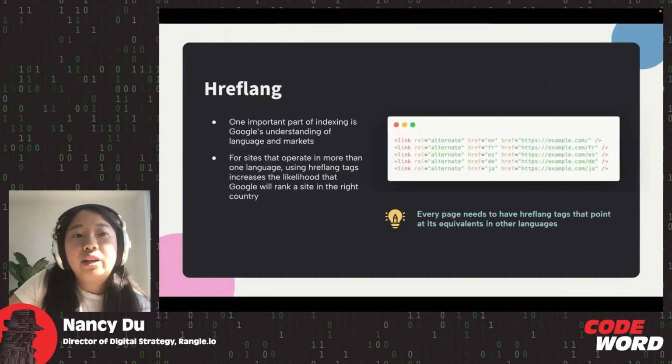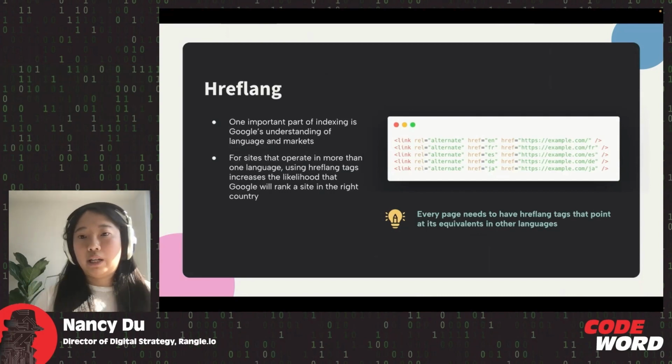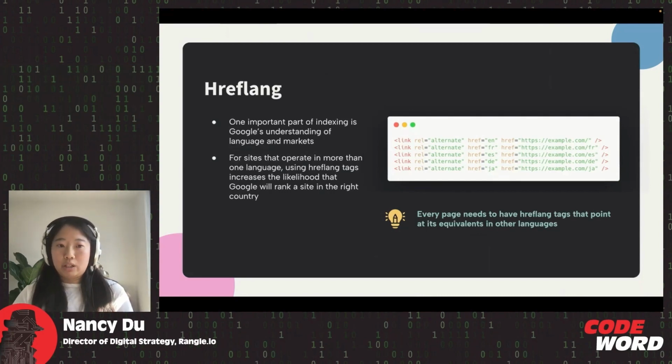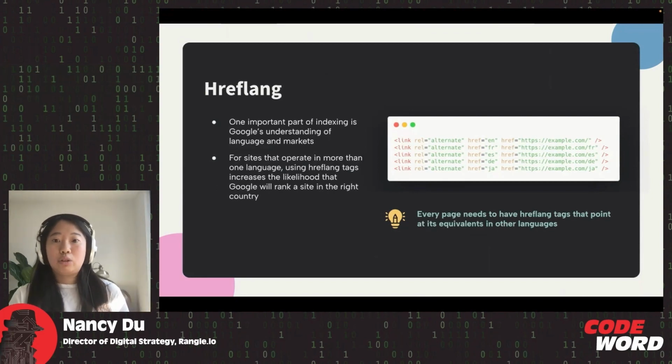The hreflang is really only applicable if you're operating in multi-language scenarios. One important part of indexing is for Google to understand what pages are in what language and what market they're trying to serve, so that as people are searching in different countries, it's returning the correct results.